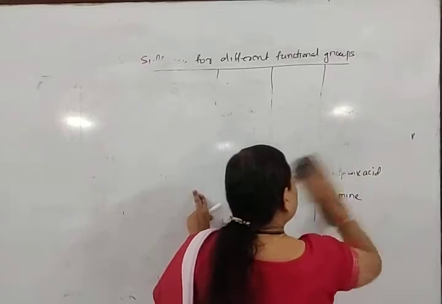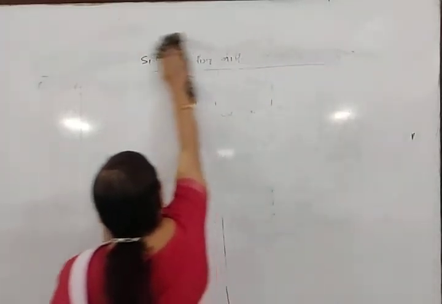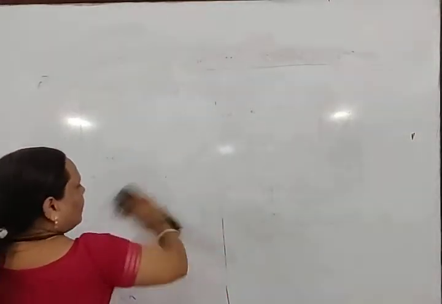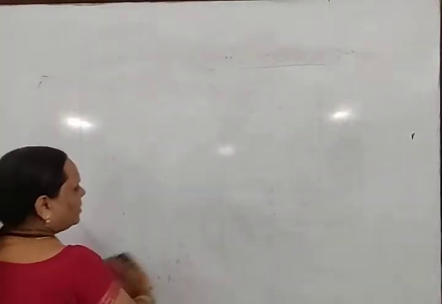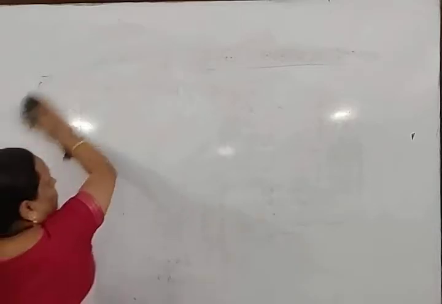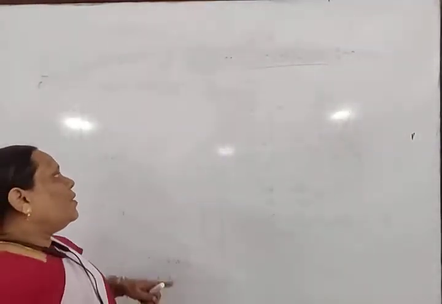Now let us discuss how to name organic compounds in each class: alkane, alkene, alkyne, containing one functional group, up to 2 to 3 carbon atoms. First we will discuss these, then later we will go to the different rules for long carbon chains.